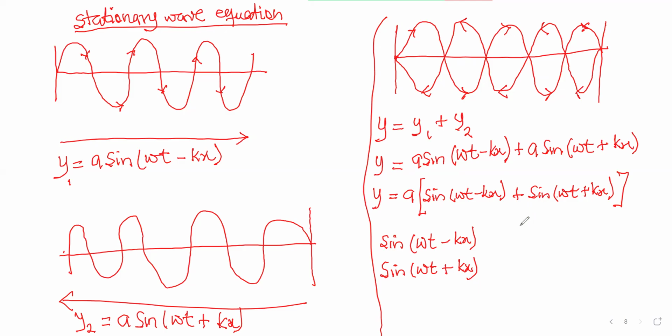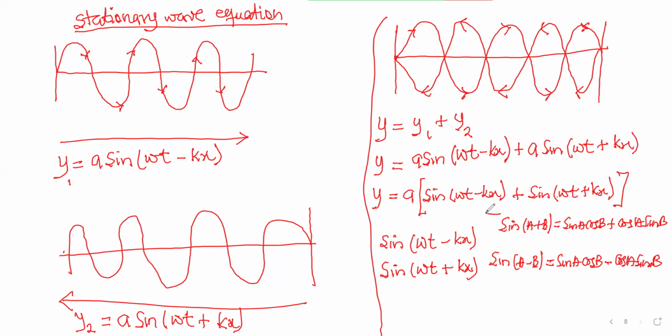You are doing this using this formula: sine (a plus b) must be equal to sine a cos b plus cos a sine b, and sine (a minus b) is also equal to sine a cos b minus cos a sine b.